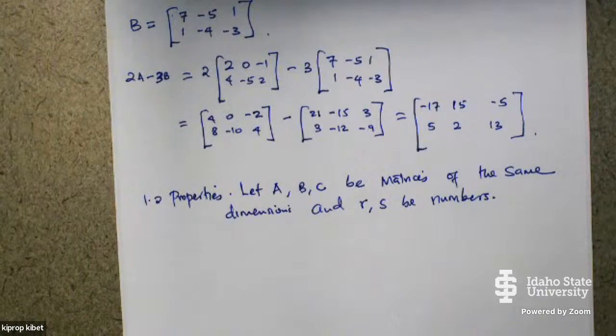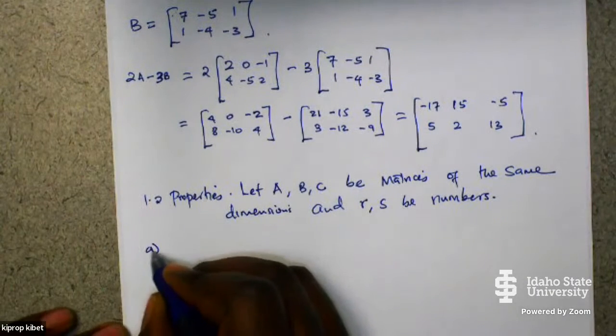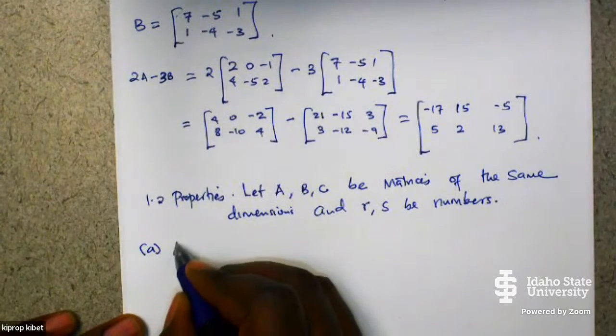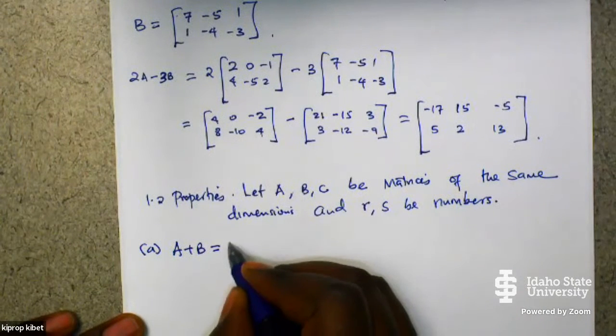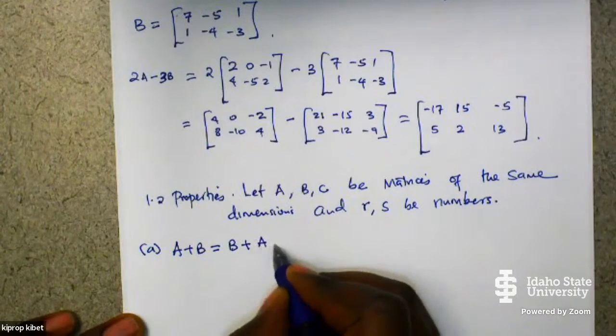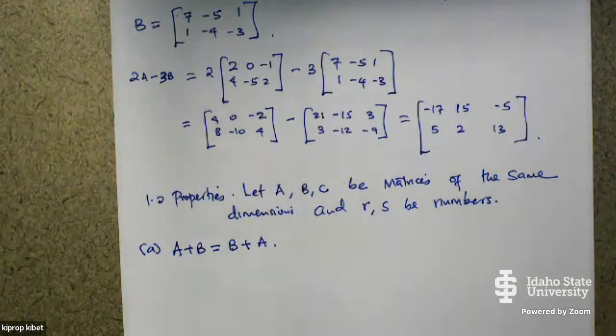Then property number 1: when you add A plus B, it is similar to adding B plus A. So long as the two matrices are of the same dimension, they can commute.